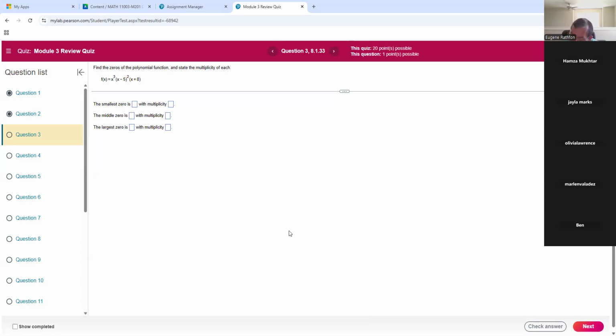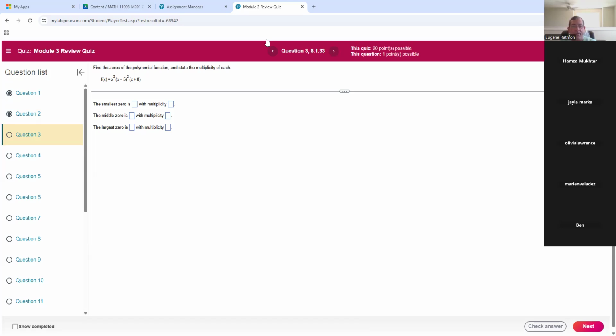All right, y'all, number three, they're giving us a polynomial, x to the third times x minus 5 squared times x plus 8. And y'all, looks like on this one, they want us to find the smallest zero first, multiplicity, middle zero, multiplicity, largest zero, multiplicity.